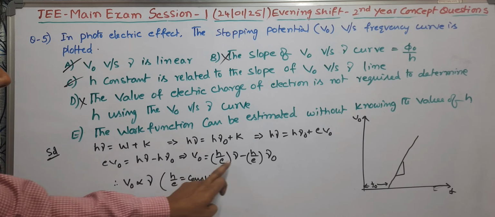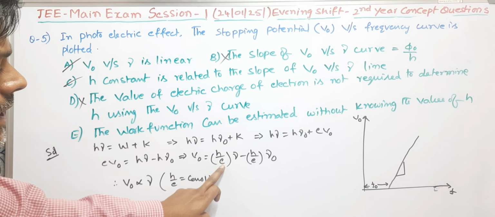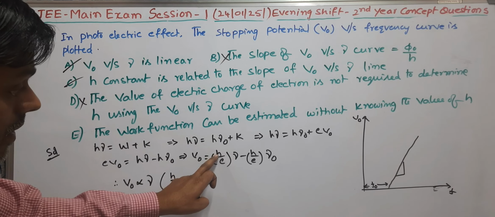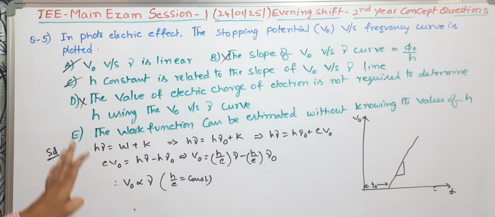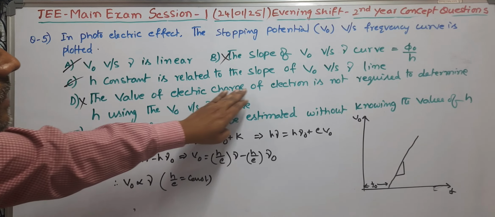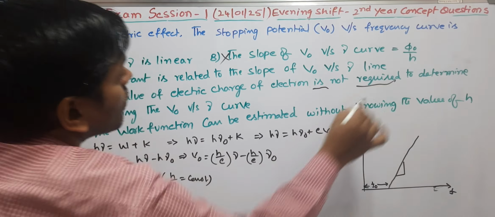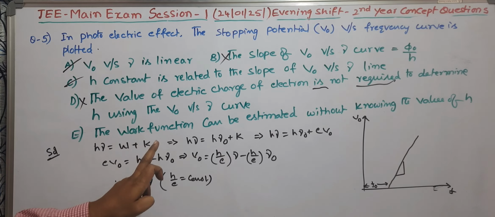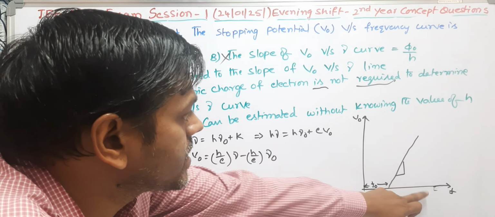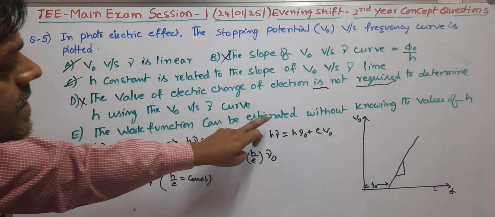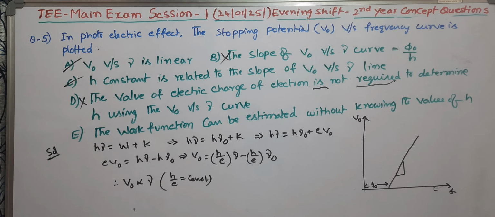You know the stopping potential, you know the frequency of incident radiation, and you know the charge of the electron, then you get the value of h. Okay. So, the statement that the value of electric charge of electron is not required is not right, it is required to determine the h value from the stopping potential versus frequency plot. And next, the work function can be estimated without knowing the value of h.